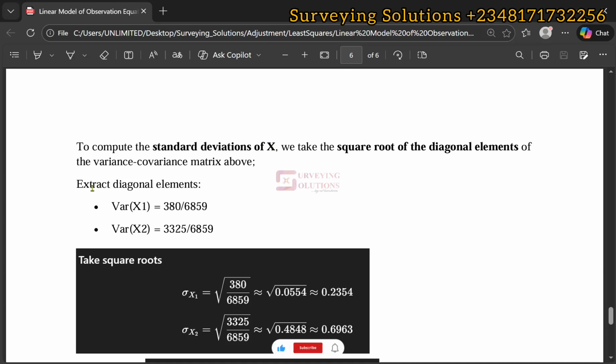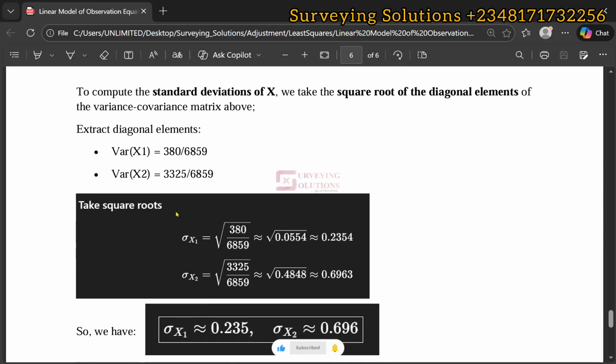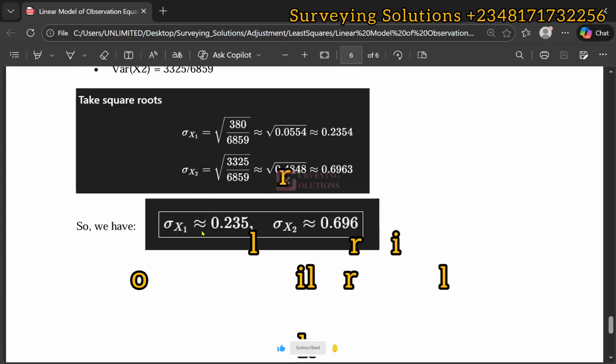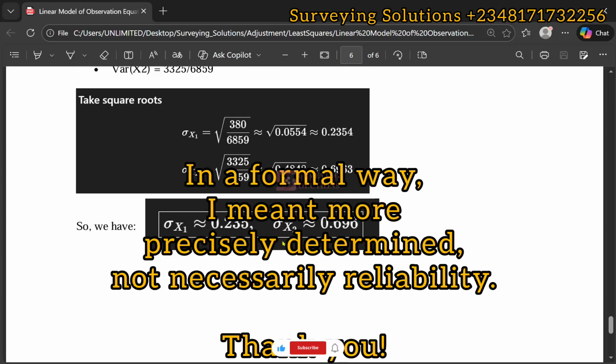So when we extract the elements, we have this, and when we take their square root, we have 0.2354, and then that of the second one, we have 0.6963, right? Good. So this simply means that for the reliability of each of those estimated parameters, when the values are smaller, it shows higher reliability, and when the values are bigger, it shows lower reliability.